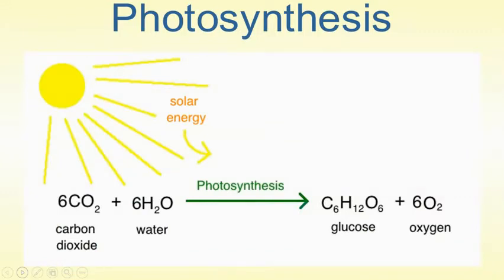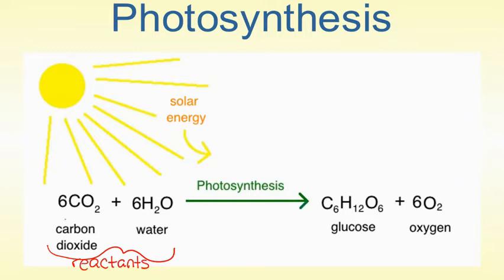Now, when we look at photosynthesis, we have a chemical equation that breaks down how this process is occurring for our producers. Whenever we look at a chemical reaction, there are two parts. There's the part that comes before the arrow, and these are always called our reactants. Reactants are the things that are needed for the chemical reaction to occur.